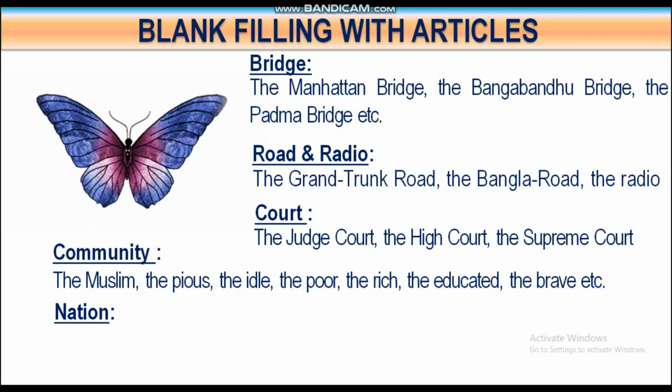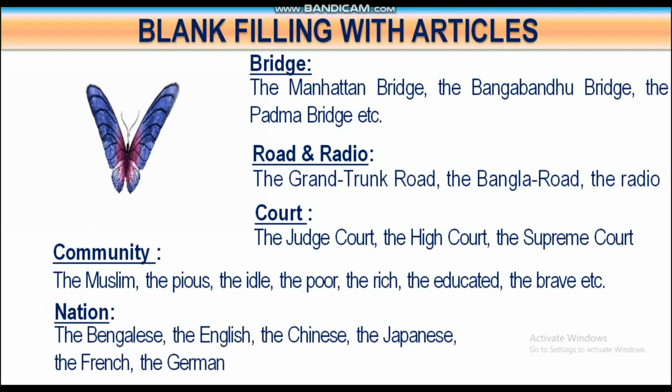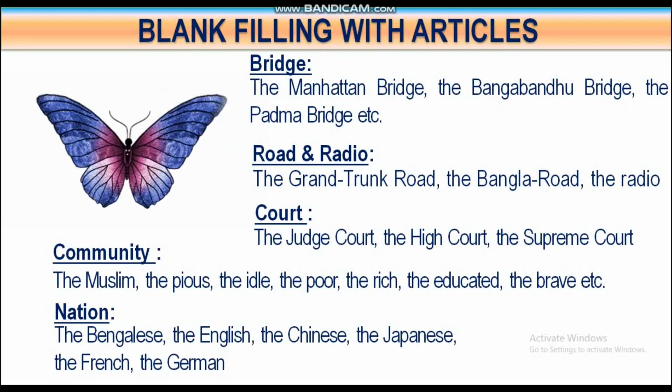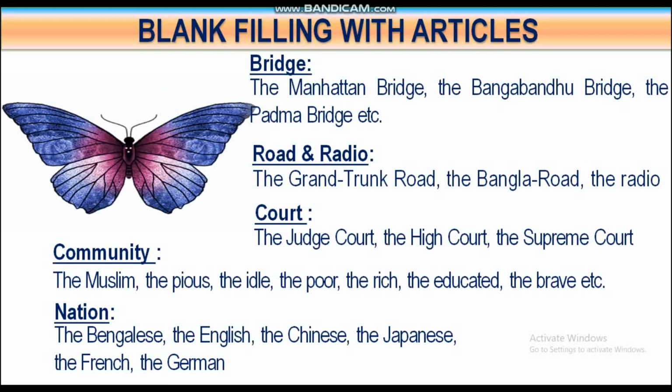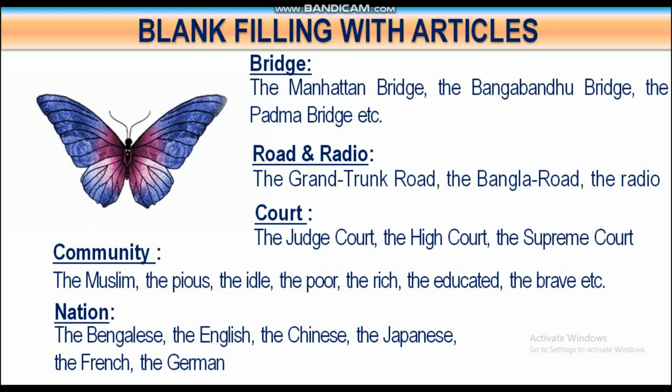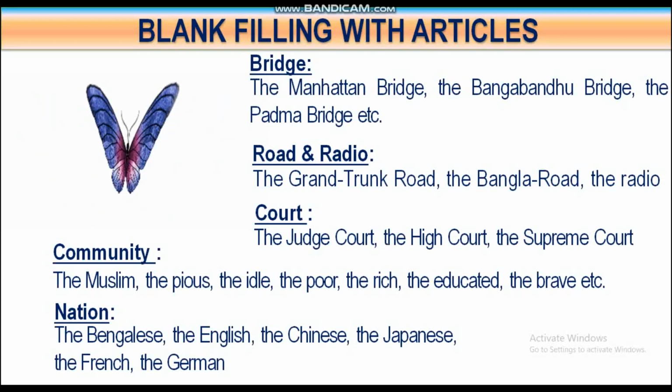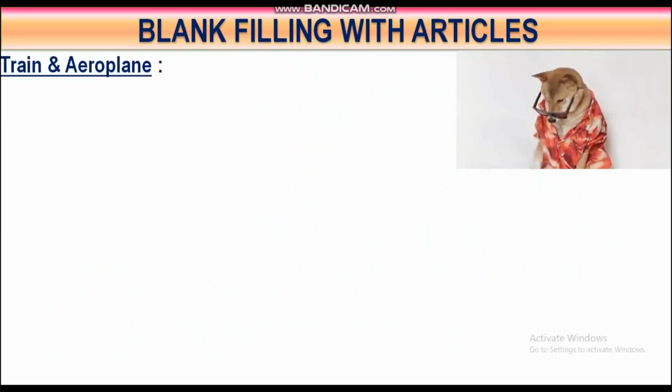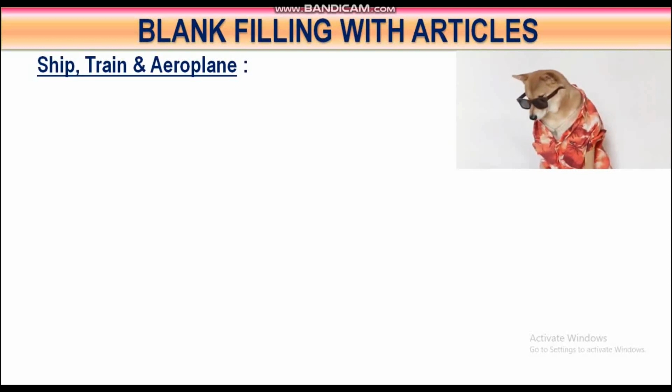Nation. Nation means large community like the Bengalis, the English, the Chinese, the Japanese, the French, the German, etc. And before this nation article the is used. Ship, train and aeroplane.